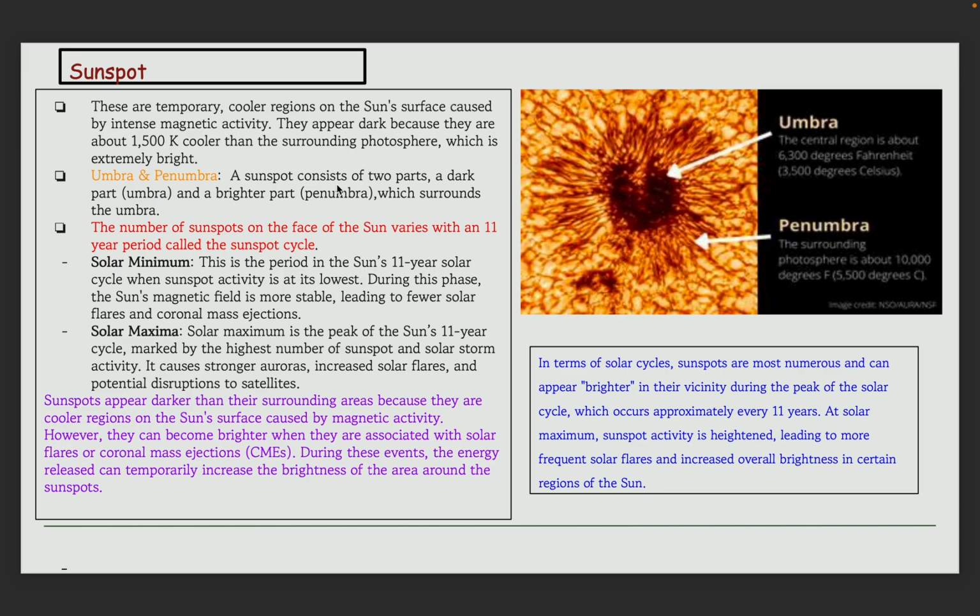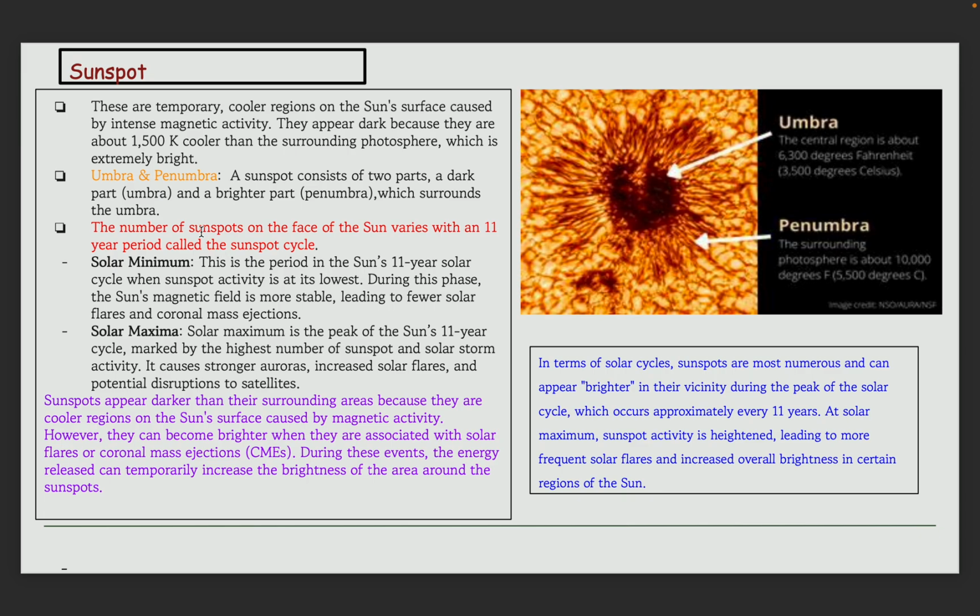Now we know that the umbra is the central dark part of the sunspot, and it has a temperature of about 3,500 degrees Celsius, and the penumbra is the surrounding region, which has a temperature of about 10,000 degrees Fahrenheit or 5,500 degrees Celsius.